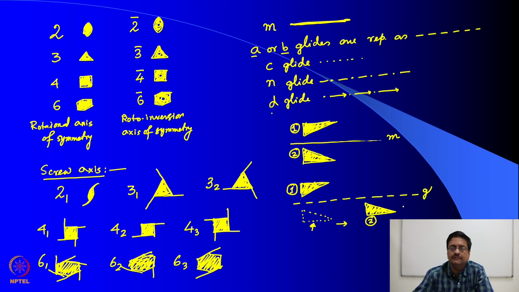A glide plane is a mirror associated with a certain amount of translation along the direction of motion, and if the edge length is a, the translation is a by 2 along the direction of a.